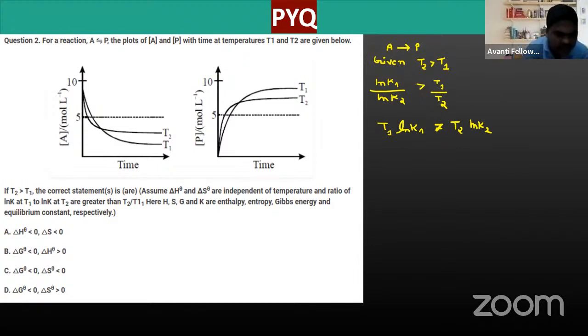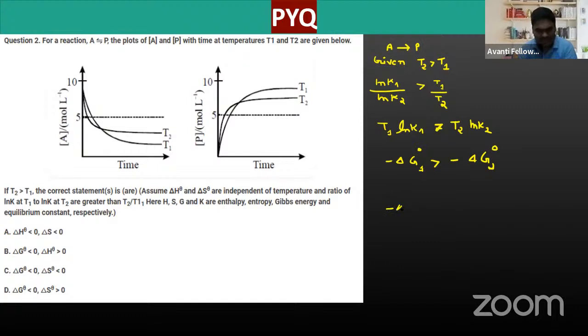Now from this, we can also write that because we know delta G is equal to minus RT ln K only, right? So this is negative of delta G1 naught is greater than negative of delta G2 naught. Or we can also write the formula: we know delta G is equal to delta H minus T delta S. In thermodynamics, we study this thing.